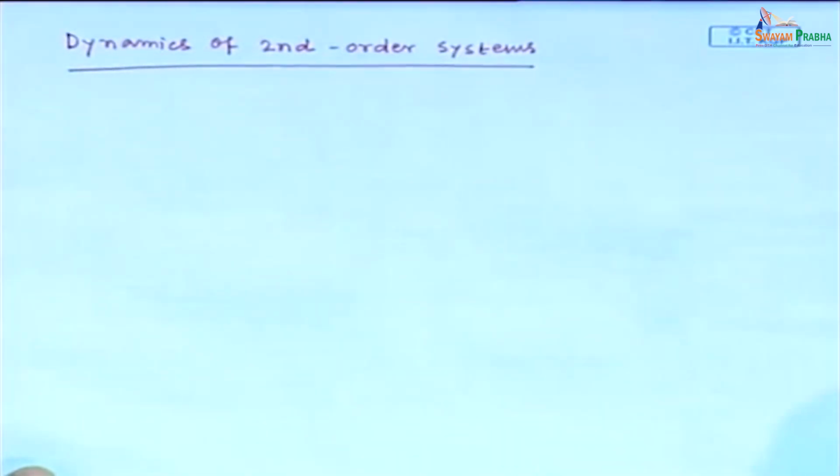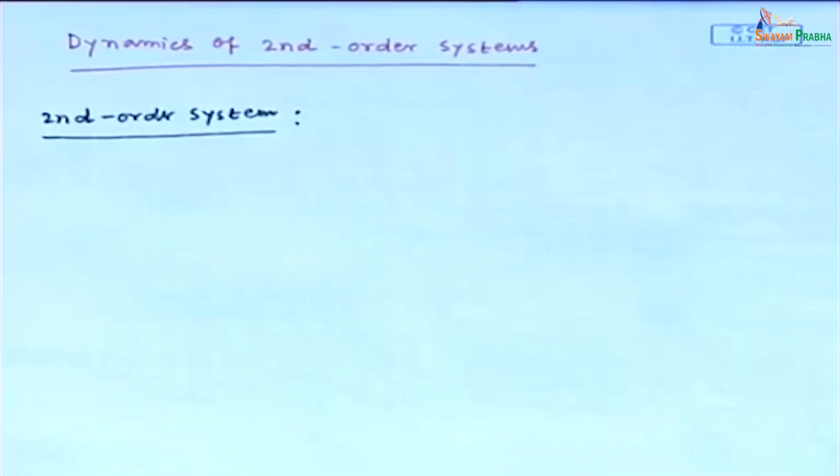What is the definition of second order system? What is second order system? Second order system is one whose output y is modeled by the second order differential equation.